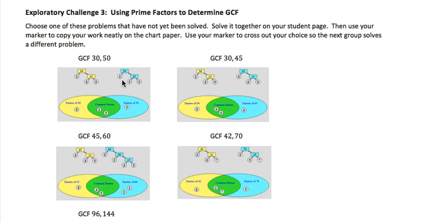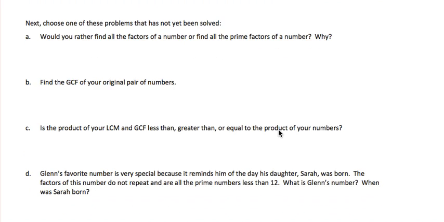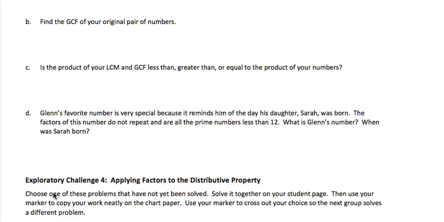Any numbers that do appear on both lists should go in the middle section where the two ovals overlap. And when you have more than one number in that overlapping section, to find the greatest common factor, you multiply them together. You will then also complete a word problem and answer that as well.